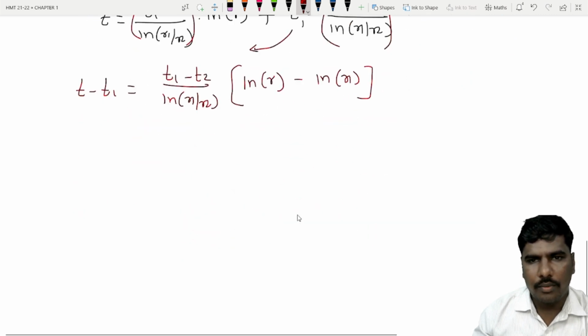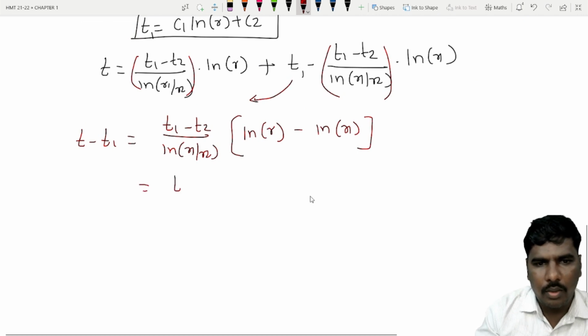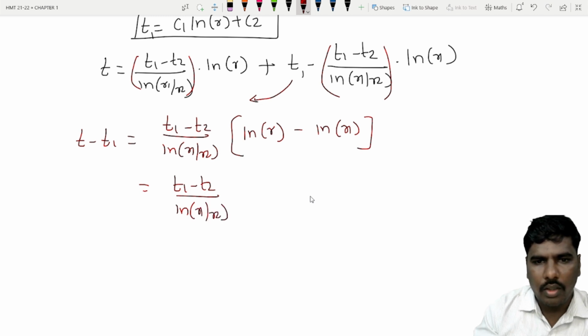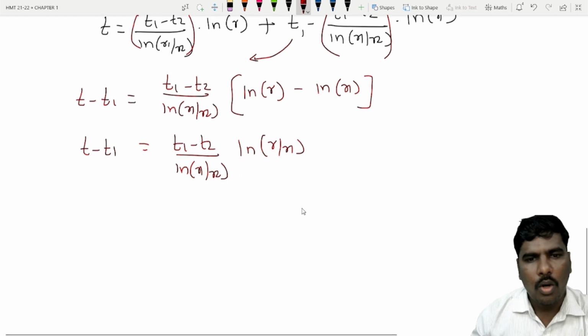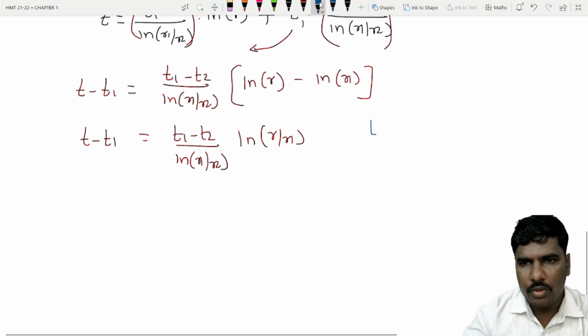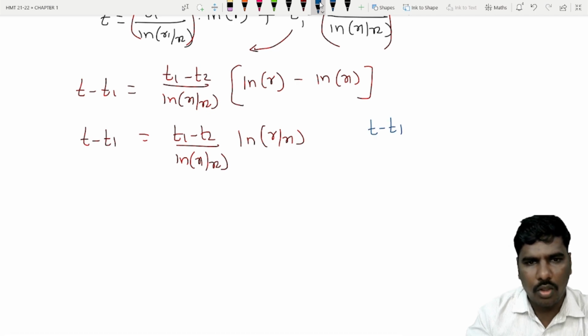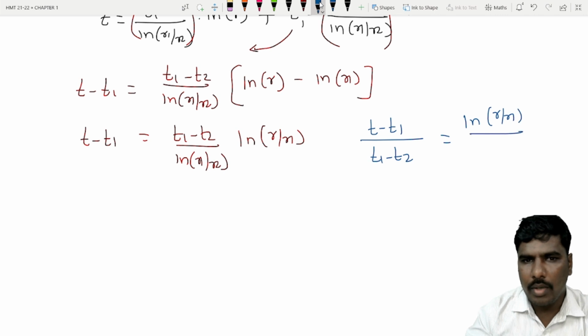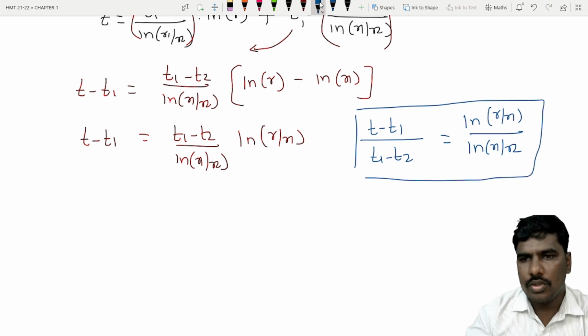Again we can simplify this, as ln R - ln R1 is ln(R/R1). So T - T1 is equal to (T1 - T2) times ln(R/R1) divided by ln(R1/R2). Or we can write it with the term taken to the other side: (T - T1)/(T1 - T2) = ln(R/R1)/ln(R1/R2). So this is the temperature distribution equation.